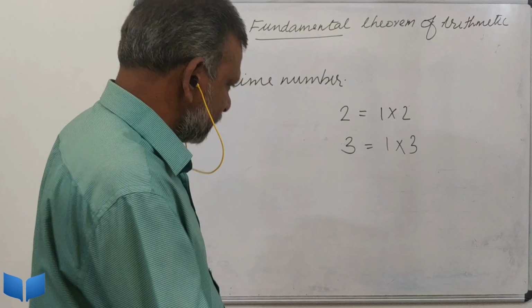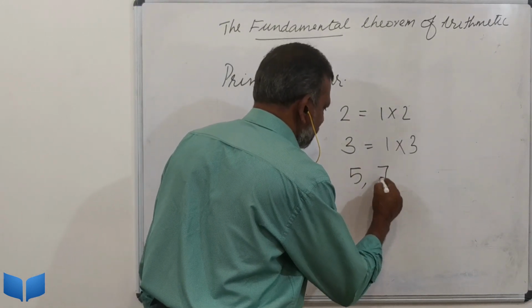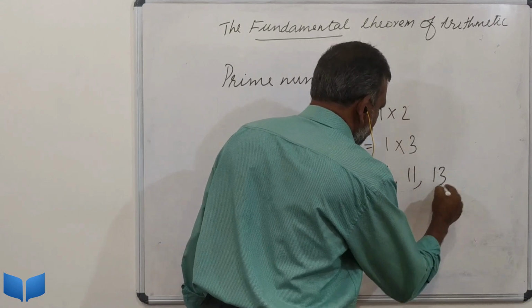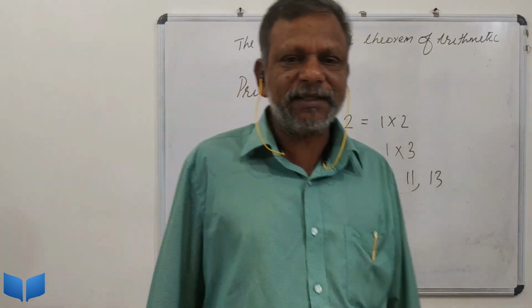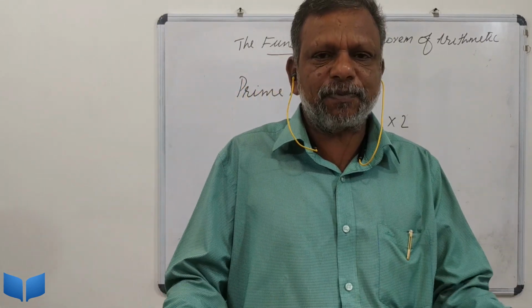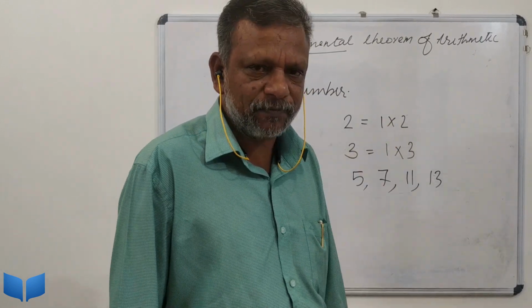Then the next prime number is 5. 5 is a prime number. 7 is a prime number. 5, 7. Then 11, 13. So in other words, we can say that the prime numbers are the numbers which can be expressed as the product of 1 and the number itself.